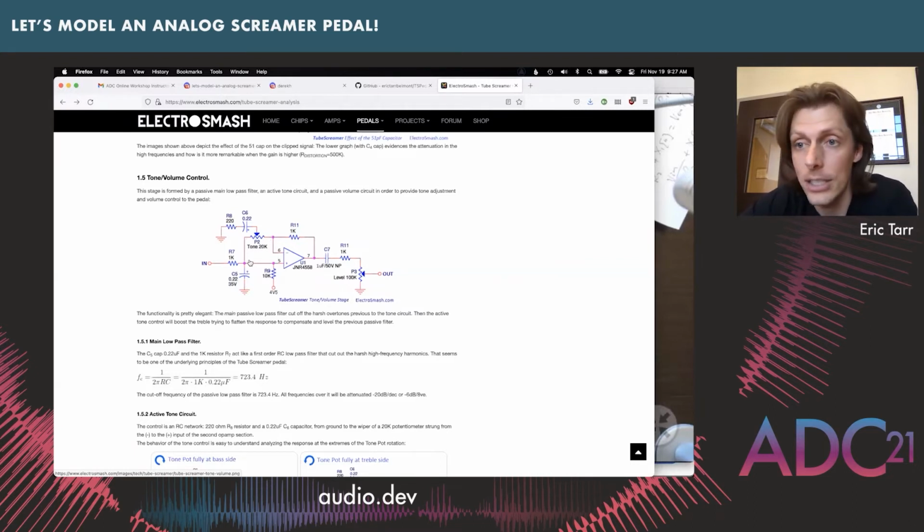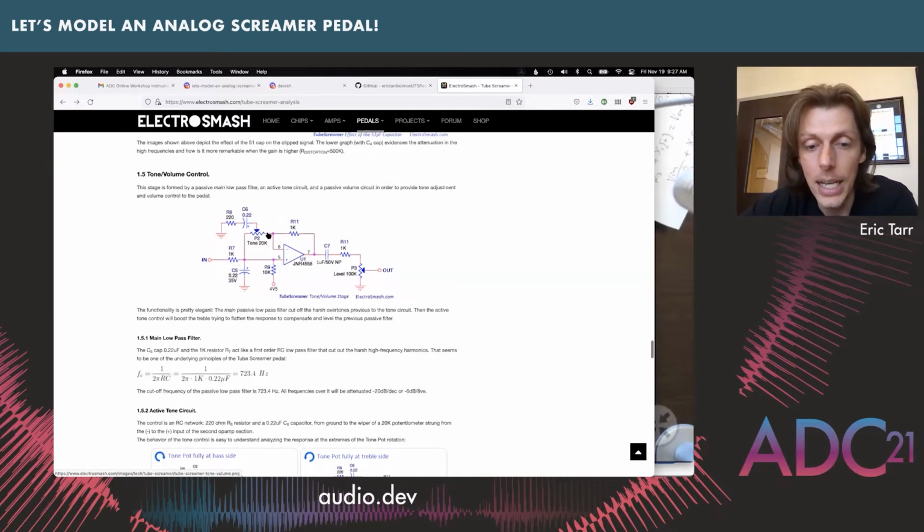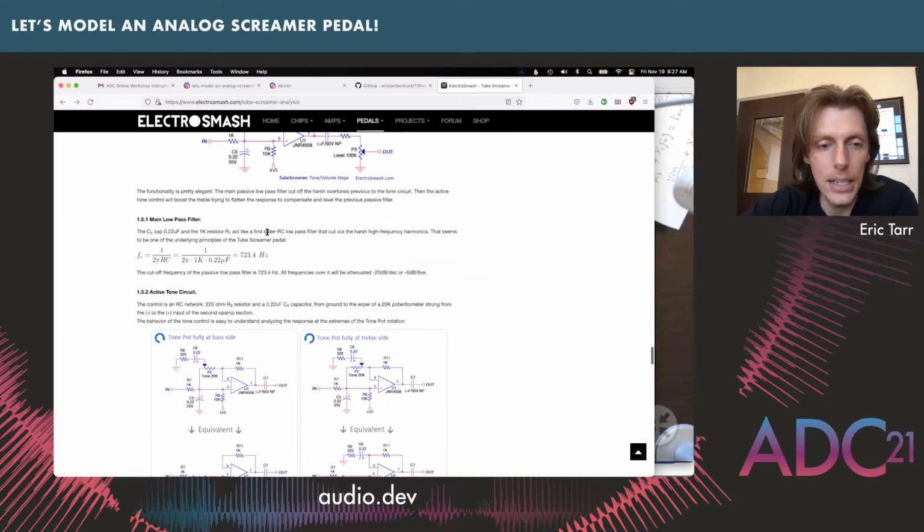The tone control is going to adjust these things together. I think that in the Tube Screamer, it's a clever way to have one knob that controls all these different things. But for us, in our model, that makes it kind of ugly.